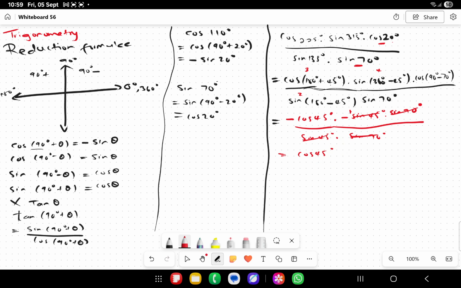Then I take my calculator, cos 45 gives me root 2 over 2. I told you in the last video, if you get root 2 over 2, change it to 1 over root 2. So the answer will be 1 over the root of 2.